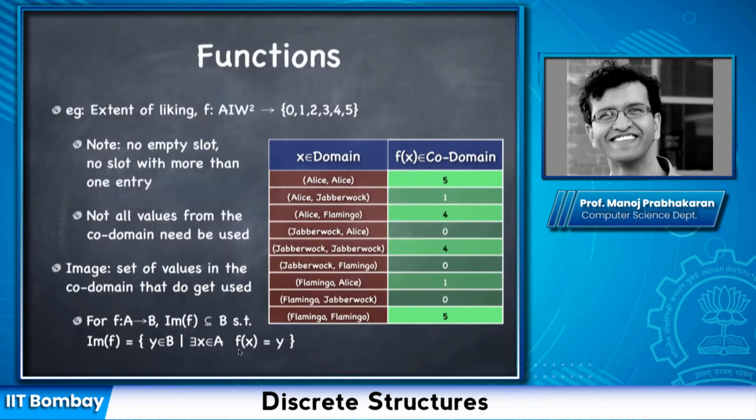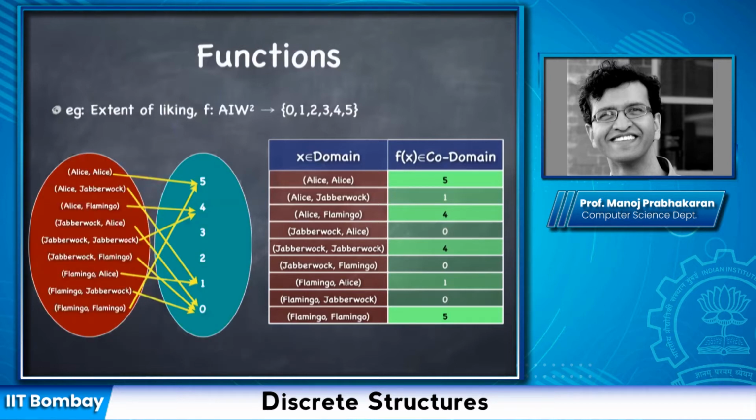Again, this is familiar notation: f of x denotes the value that is assigned to x by the function f. So the image of f is the set of all y in the codomain such that there is some element in the domain which is mapped to y by the function.